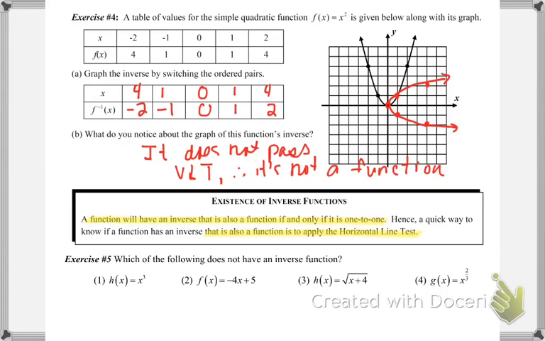So to determine which of these does not have an inverse, you'd put them all in your calculator and see which does not pass the horizontal line test.